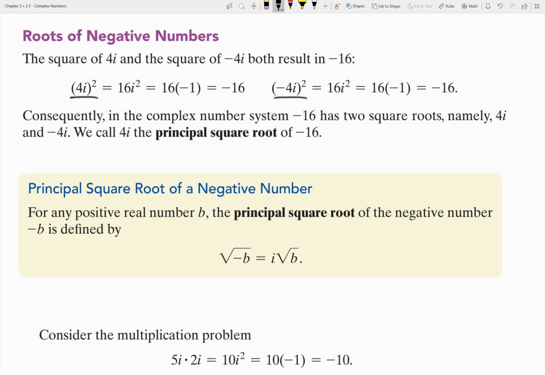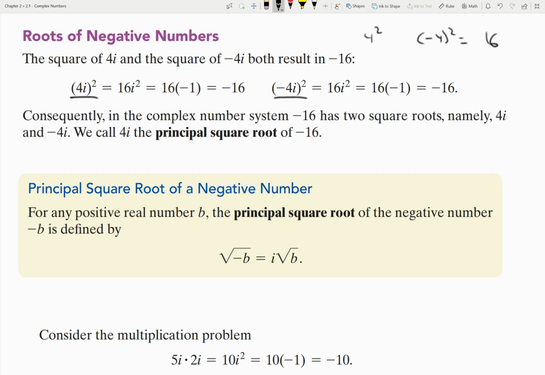Just like 4 squared and negative 4 squared are both equal to a positive 16. So when we talk about the complex number system, everything has two square roots, the positive and the negative, the principal square root and the negative square root. Okay, so we call 4i, the positive one, the principal square root.